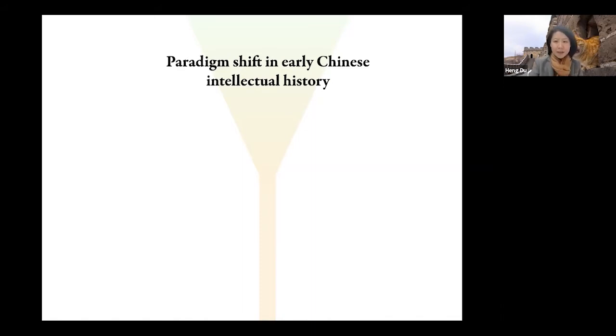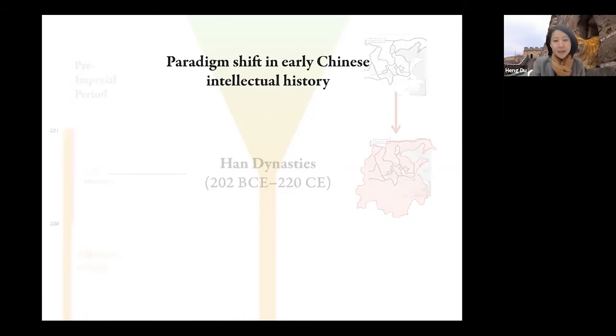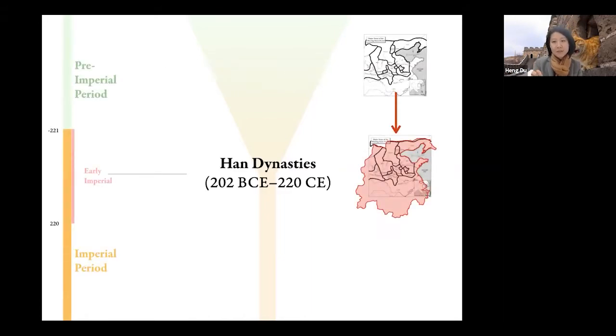So I would say we're undergoing something like a paradigm shift in the recent decade. And if we were to characterize it briefly, it is to recognize the role of the early imperial period, which includes the Qin and the Han Dynasty, as almost like this bottleneck, right?